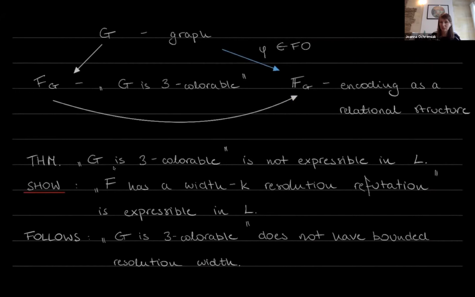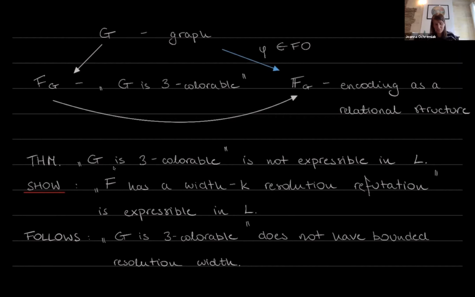Now, in descriptive complexity, suppose we have a theorem which says that the property of tricolorability is not expressible in some logic. Sometimes it's hard to get such a theorem. Then if you show that, for instance, having a width-k resolution refutation is a property which is expressible in this logic, you can conclude from this kind of reasoning that the property of G being tricolorable does not have bounded resolution width.